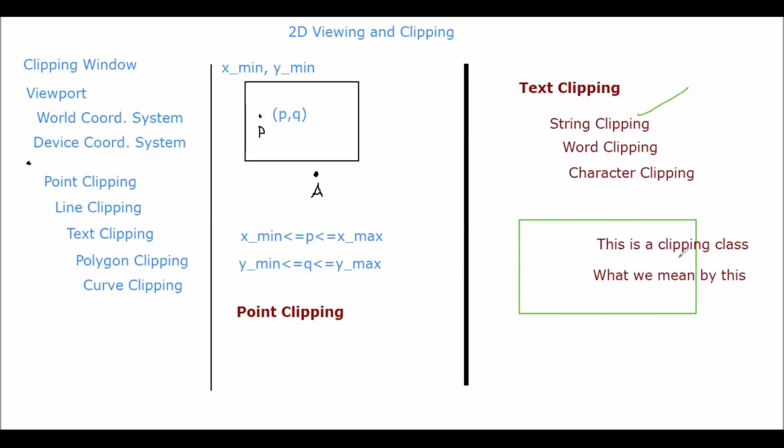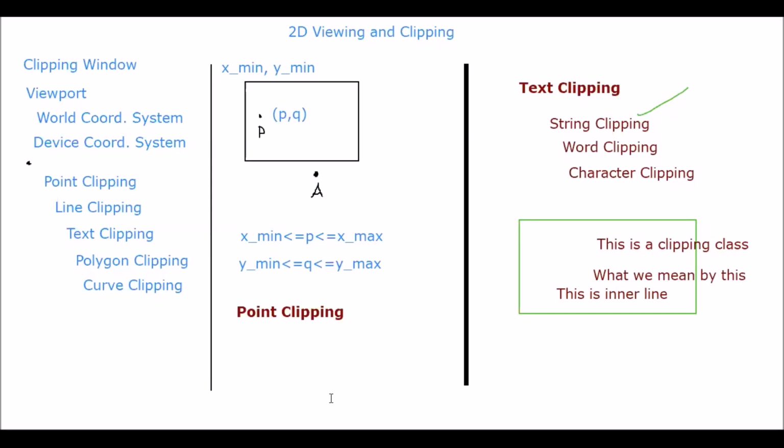Like here, both of these lines are not completely inside the clip window. So if I write one line here, this is an inner line. This third line is completely inside the clip window. This will be visible. The other two lines will not be visible.